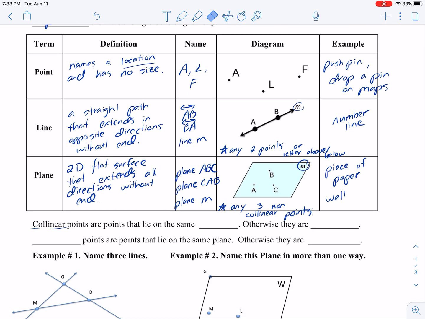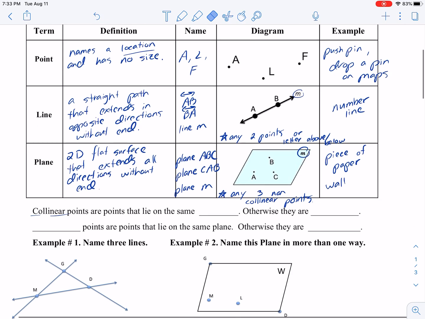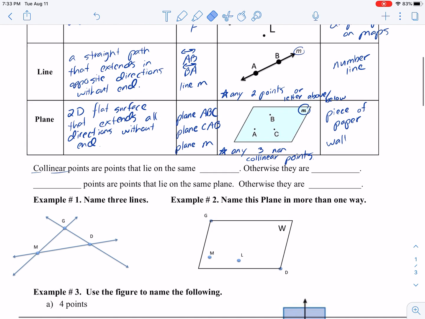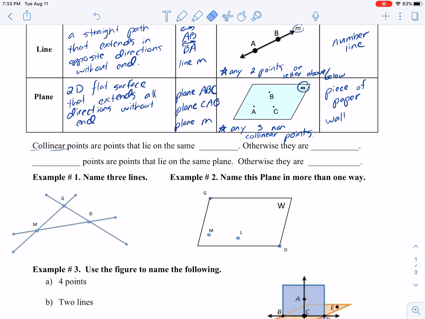Okay. Let's continue with some more of our definition and vocabulary for our basic understanding of geometry. Collinear are points that lie on the same line. Okay, you should see co meaning with or together and line in the word collinear. If they're not collinear, then we say they are non-collinear points.